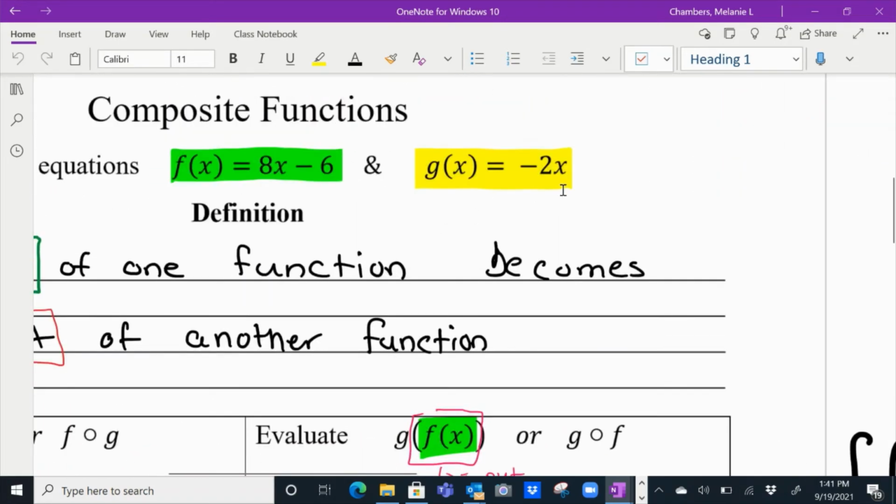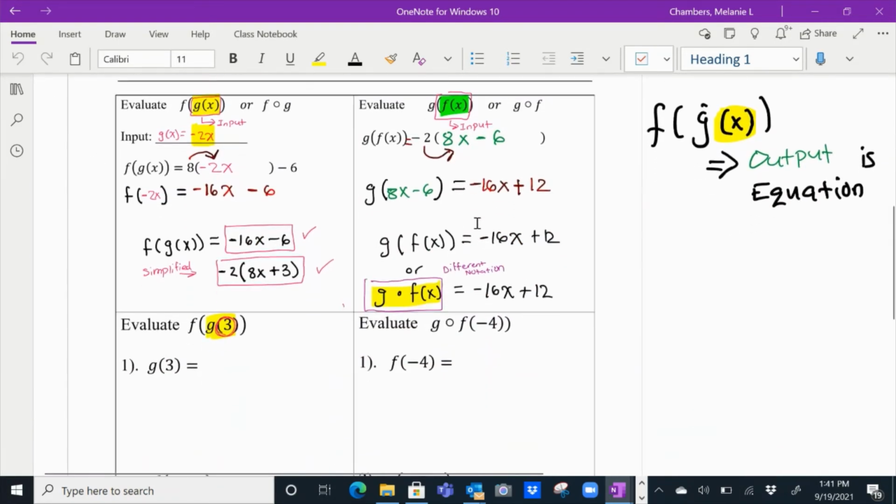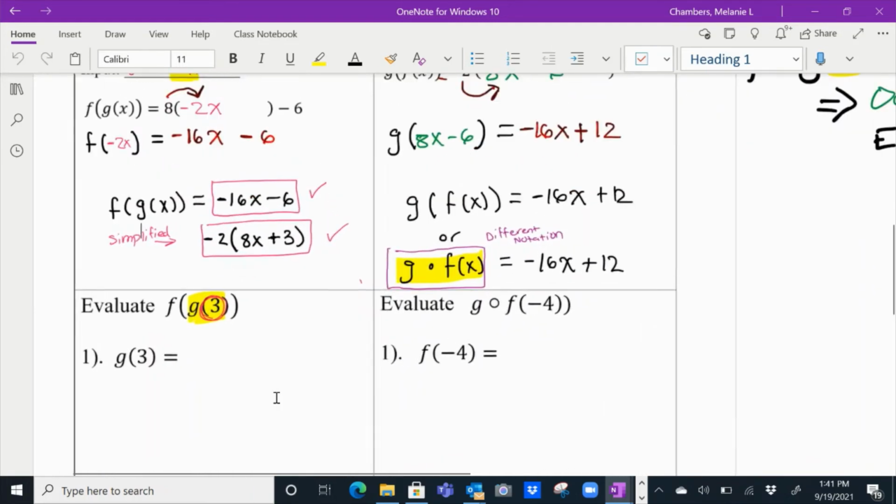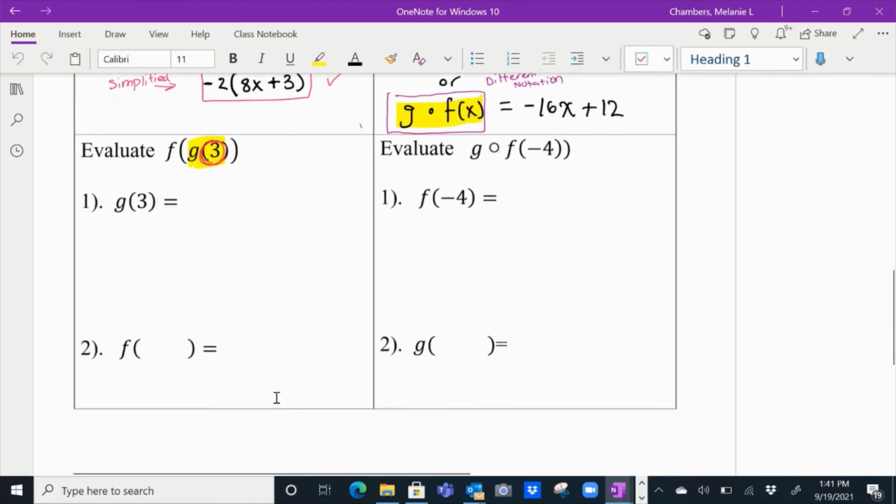First we've got to evaluate what is g of 3. So I'm going to substitute 3 into my g equation, which is negative 2x. So instead of x, I'm going to put 3. And this is going to equal negative 6.